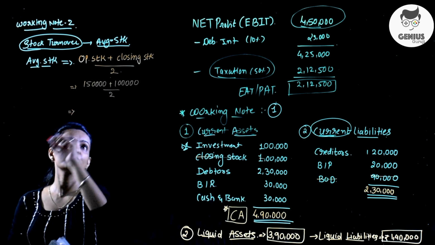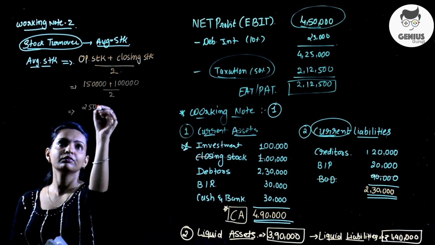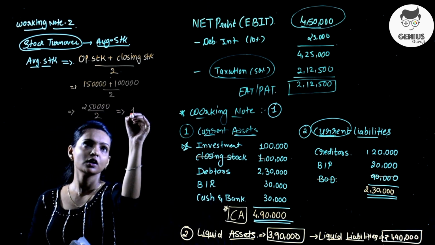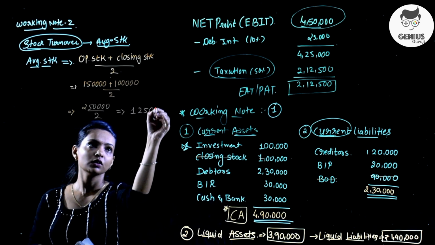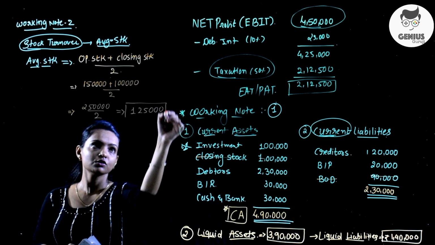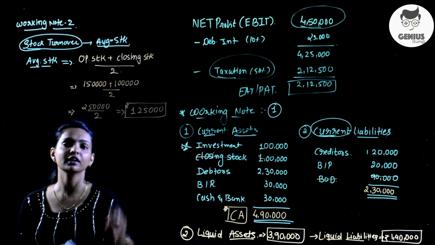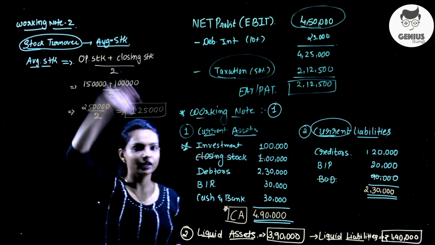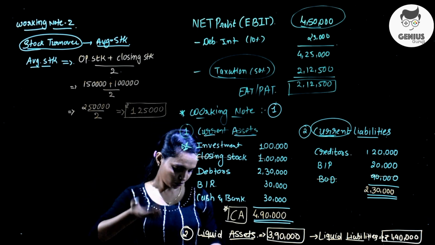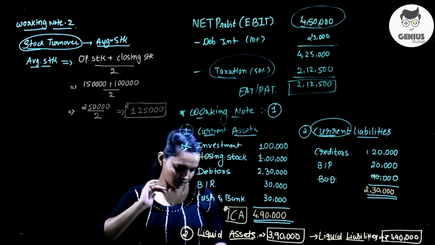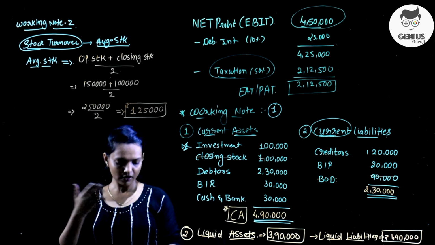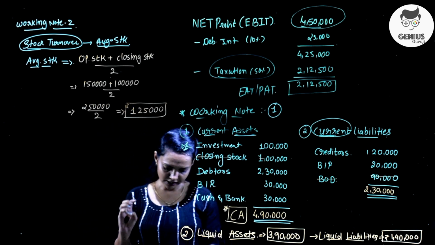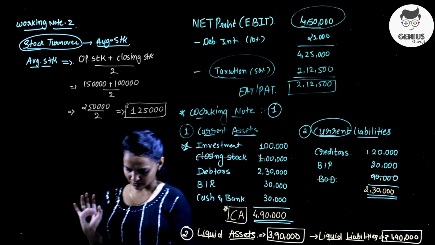Average stock is of rupees 2,50,000 divided by 2, and this is 1,25,000. So my average stock is of rupees 1,25,000 and it is used in stock turnover ratio. Okay, now move on. Fifth ratio, debtors ratio. Every information is given, so working notes are not required. Creditor ratio, same way, working notes are not required.